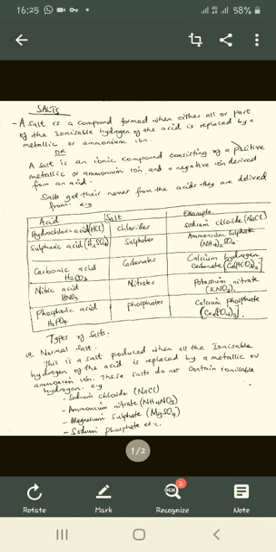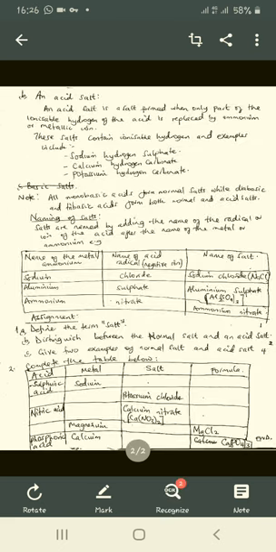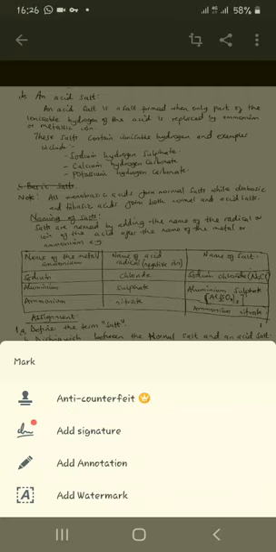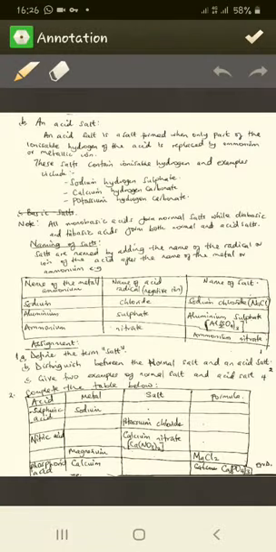Let's move on, and we now look at acid salts. What is an acid salt? An acid salt is a salt formed when only part of the ionizable hydrogen of the acid is replaced by ammonium or metal ion.